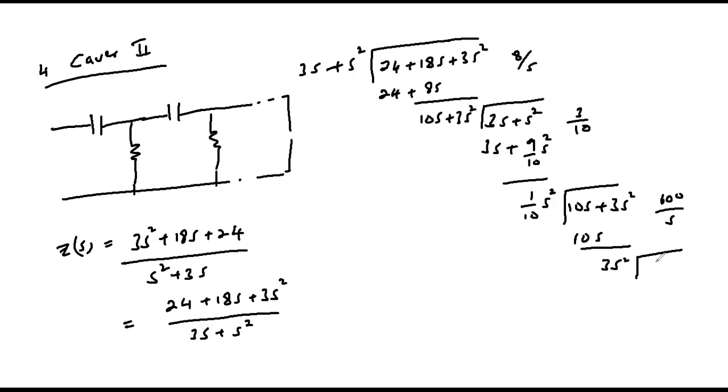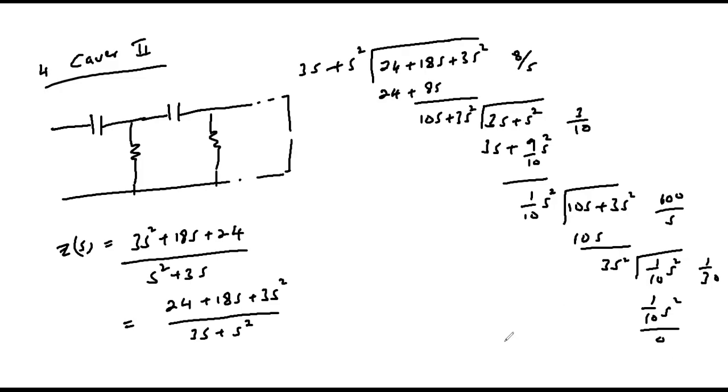And then we divide this into 1 over 10S squared. Then to get 1 over 10 from 3, we multiply it by 1 over 30. We multiply by 1 over 30, and that will give us 1 over 10S squared. The difference will be 0. So this is the continued fraction expansion of our transfer function.